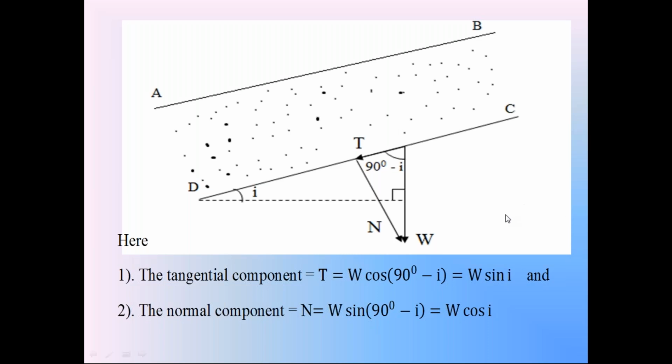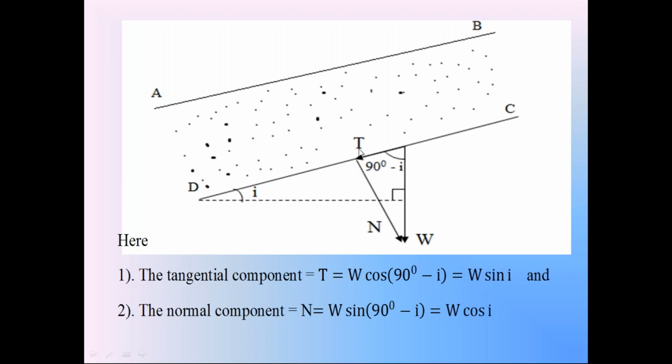So we resolve this weight W into two components. One is the tangential component, called the tangential force. The other one is the normal component, called the normal force N. The tangential force T acts in the downward direction parallel to surface CD. The normal force N acts in downward direction perpendicular to surface CD.